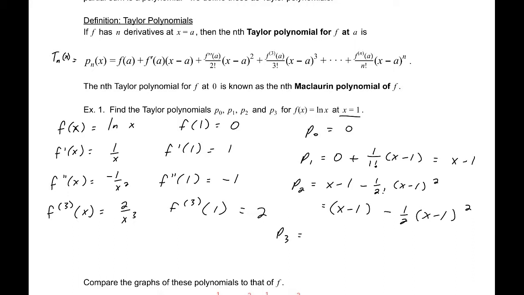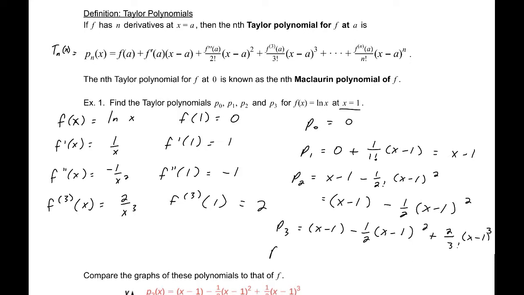Now our third polynomial, x minus 1 minus 1/2 x minus 1 squared plus 2 over 3 factorial x minus 1 cubed.